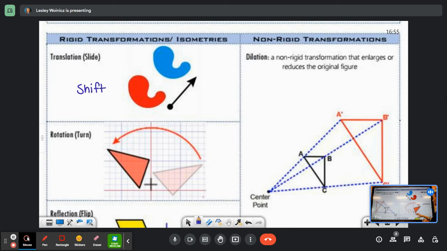Next is a rotation or a turn. We saw a little bit of this in our last set of notes with symmetry. When we rotate about a point, we're going to do a lot more on rotation in future sets of notes, but that's an isometry because all of the angles are kept and all of the lengths of the sides are kept to make congruent figures.